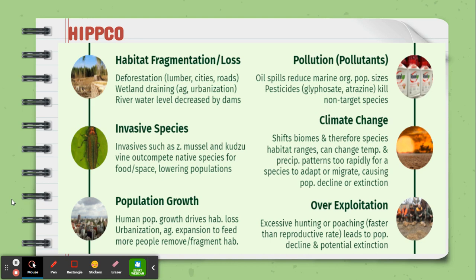Climate change, we know, can shift the range of the habitat for an organism, change the pattern of temperature and precipitation, causing them to adapt or migrate to different areas where they're maybe less likely to survive. And overexploitation or overharvesting, this is like poaching, hunting. All of those are going to lead to potential extinction or population decline.